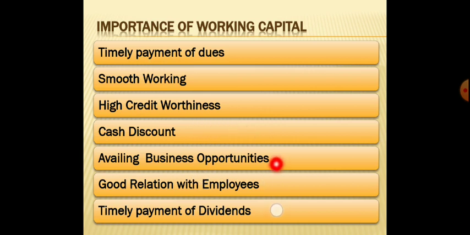The fifth point is availing business opportunities. Suppose suddenly a supplier comes to you and gives you an offer to purchase some goods in bulk, so that you can purchase those goods at a lower price and sell them at a higher price later on.